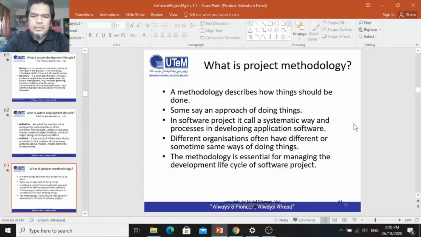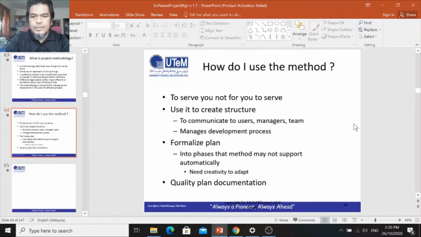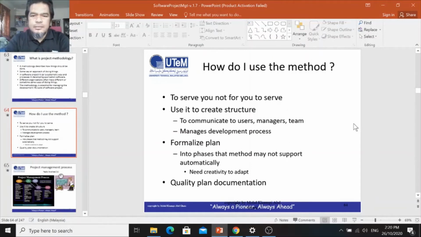Select the appropriate activities that can help you, not to burden you. So the methodology is to serve you, not for you to serve.